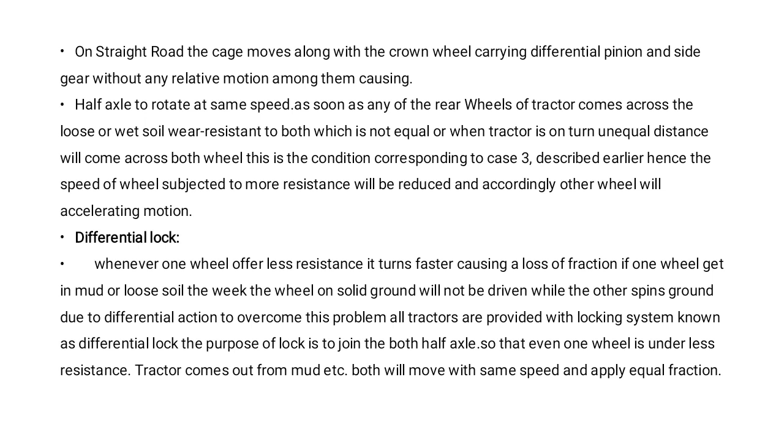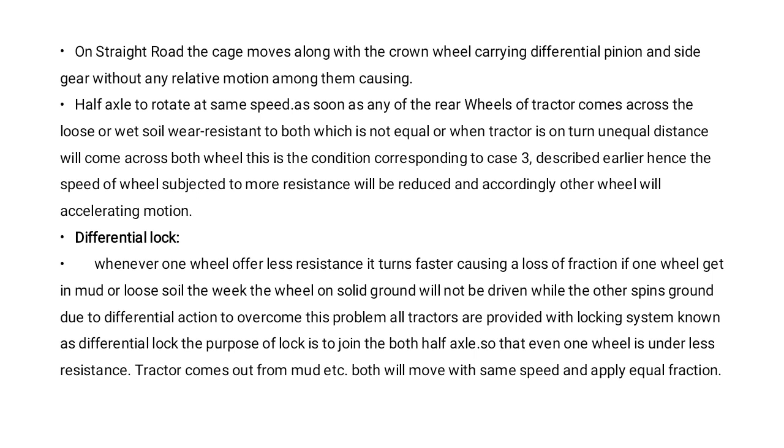As soon as any of the rear wheels of the tractor comes across loose or wet soil, where the resistance to both wheels is not equal, or when the tractor is on a turn and unequal distances are covered by both wheels, this is the condition corresponding to case 3 described earlier. Hence the speed of the wheel subjected to more resistance will be reduced, and accordingly the other wheel accelerates.